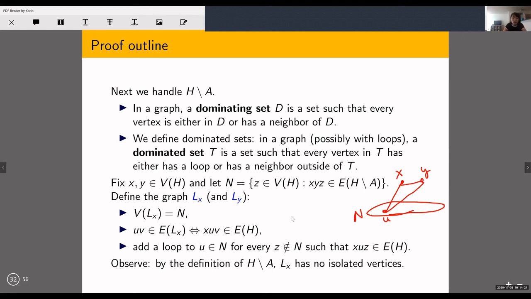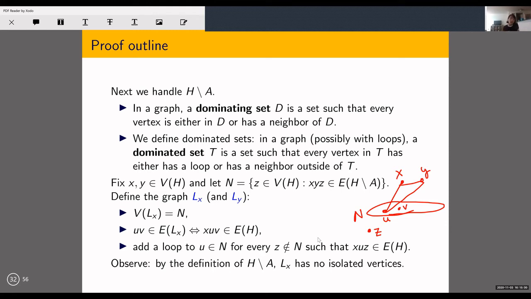Okay, so for our version of the link graph, the vertex set is exactly these vertices here. And we put an edge between 2 vertices in N. So for the link graph of X, I put an edge between U and V if X, U, V is a hyperedge in H. And then moreover, every time there's some vertex Z which is outside of N, such that X, U, and Z form an edge in H, then I'm going to put a loop on U, a loop edge.